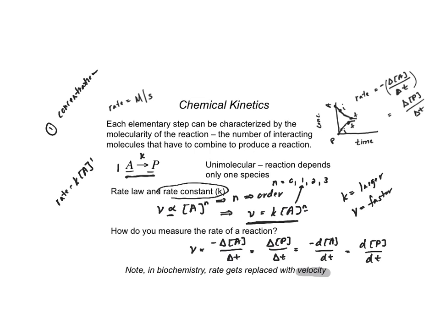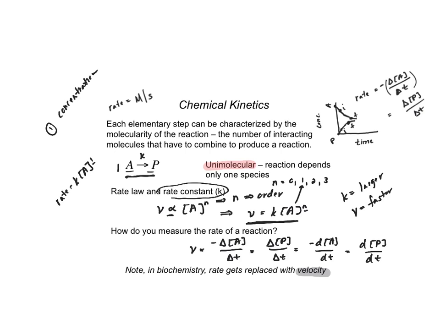Experimentally, though, if you wanted to know the overall rate law for the chemical reaction, you would have to go in and determine it experimentally, okay? All right, so anytime that we have a reaction where we have only one reactant species, right, so everything is going to be first order, then we call those unimolecular reactions. So unimolecular reactions just depend on one specific species, okay?